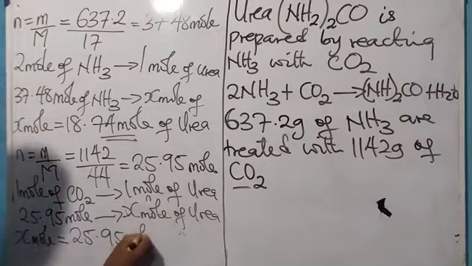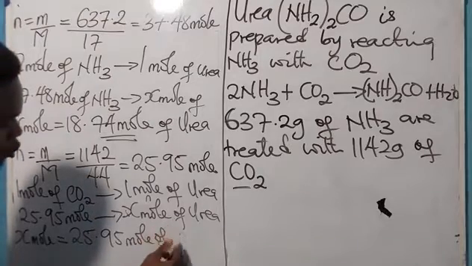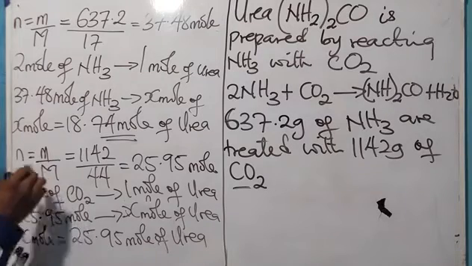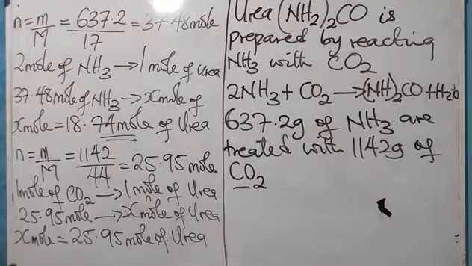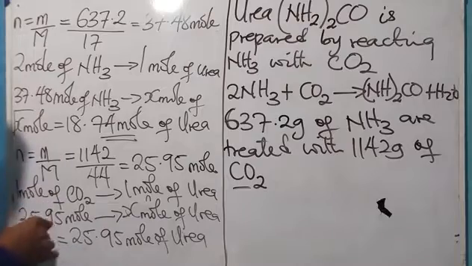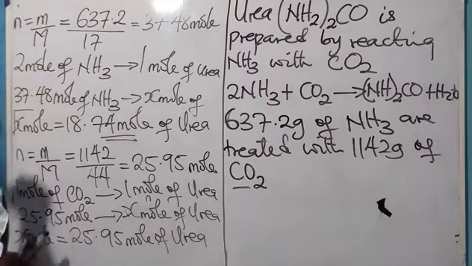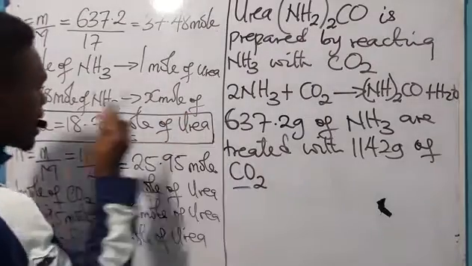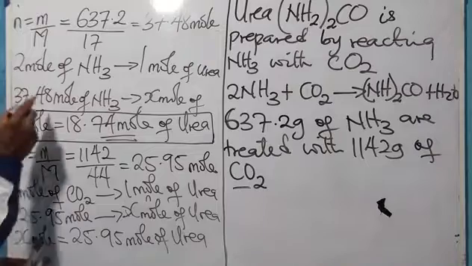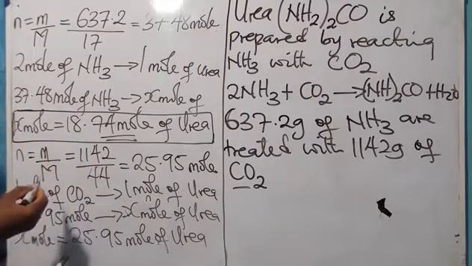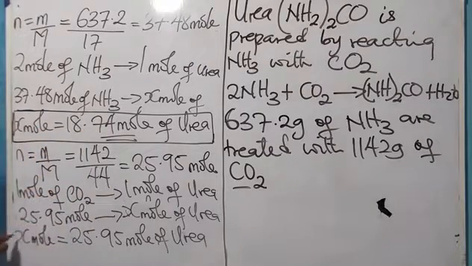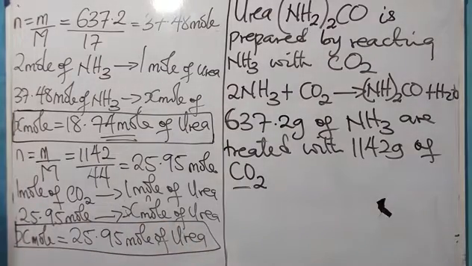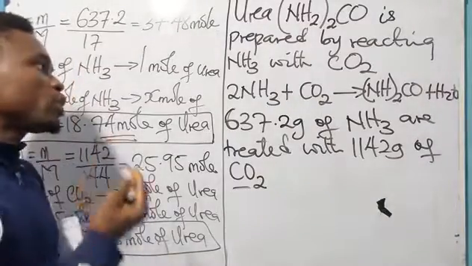25.95 mole of what? A mole of urea. Now from what we have solved so far, the first one was 18.74 mole of urea produced from ammonia, then carbon dioxide produced 25.95 mole of urea.